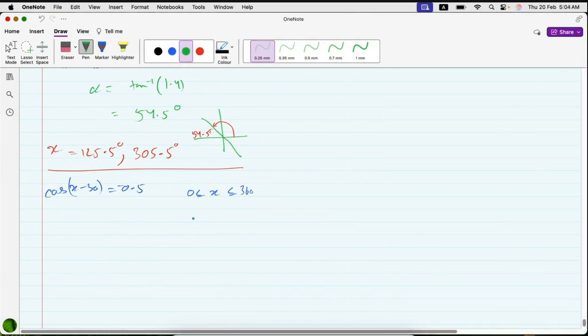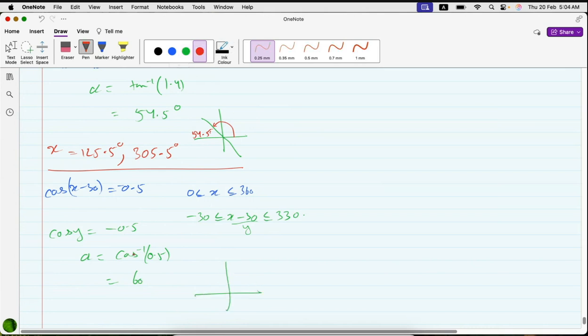So minus 30 in all of these: minus 30 is less than or equal to x minus 30 is less than or equal to 330. And I will just replace this, let's say, with y. So I'll write cos of y is equal to negative 0.5. So basic angle is cos inverse of 0.5. I'm getting 60.